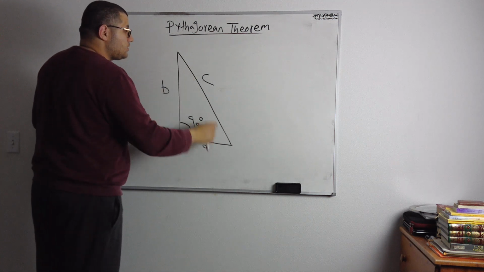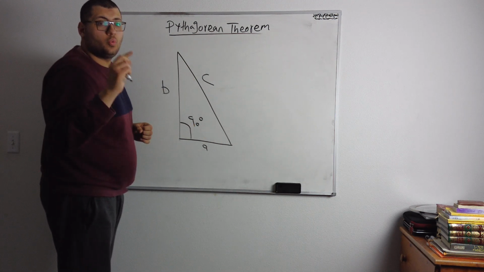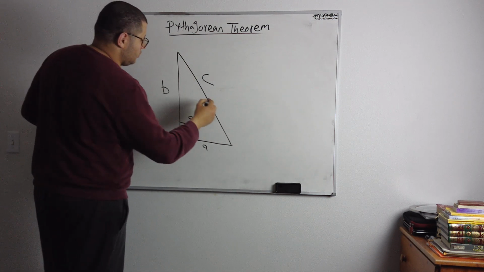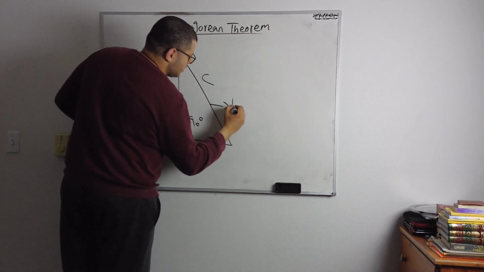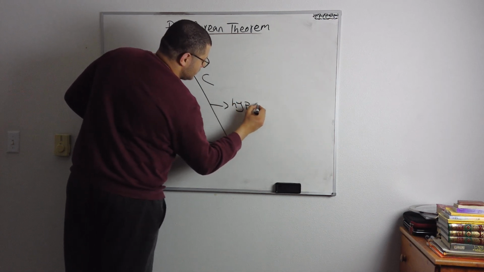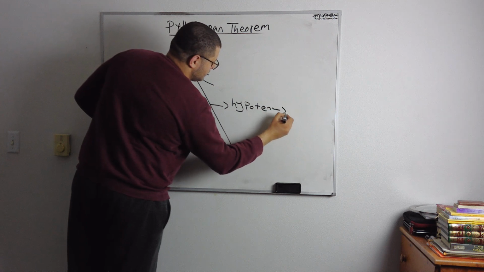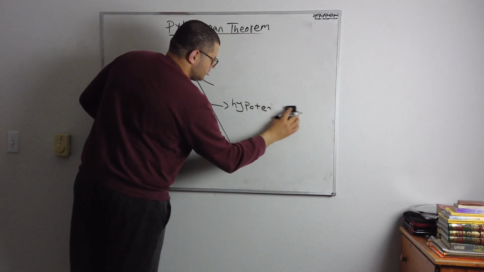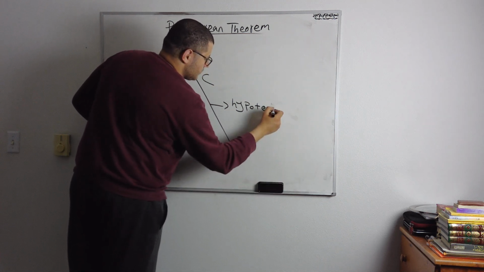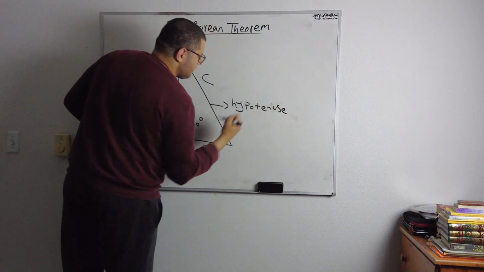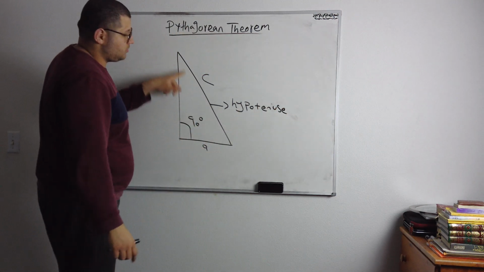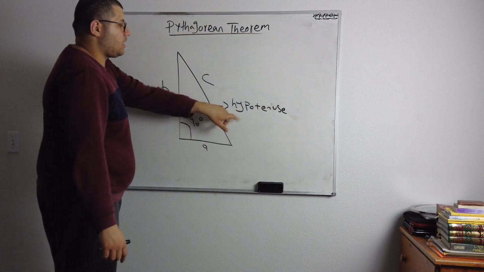That long side, we call the hypotenuse. It's the longest side in a right triangle, and we call it the hypotenuse.